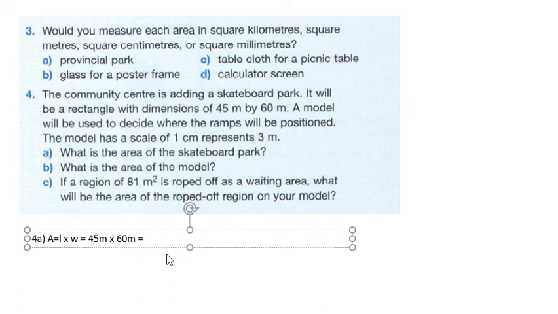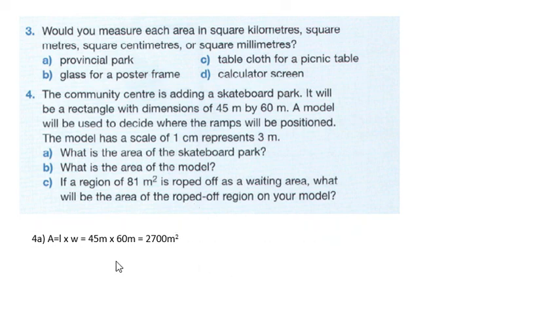A calculator for this is more than fine for this unit because I'm not looking to see if you can do this in your head. So 45 times 60 is 2,700 meters squared. So that would be for this question.